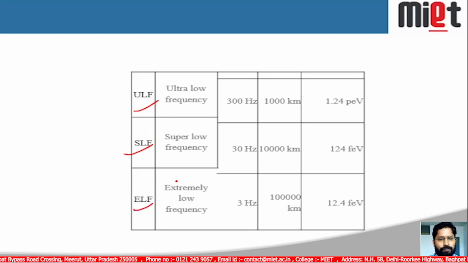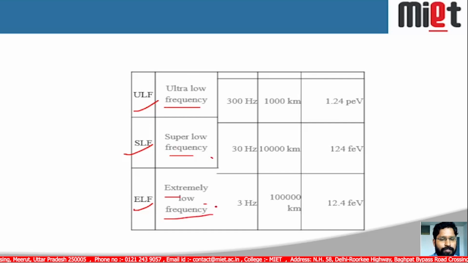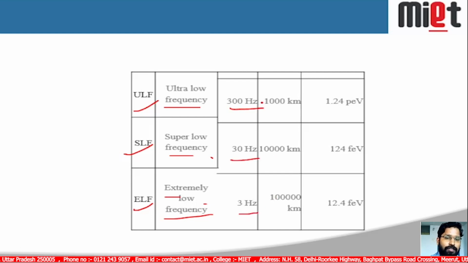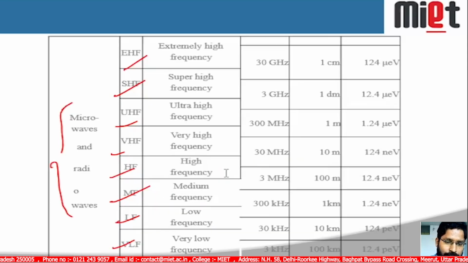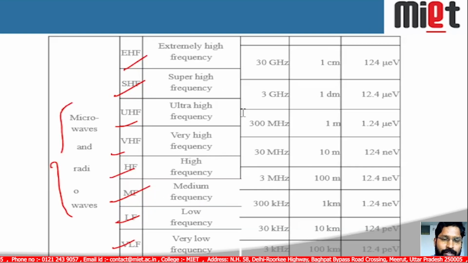You can see here super low frequency, ultra low frequency, and extremely low frequency are given, and their ranges are like 3 Hz to 30 Hz, 30 Hz to 300 Hz, 300 Hz to 3000 Hz.